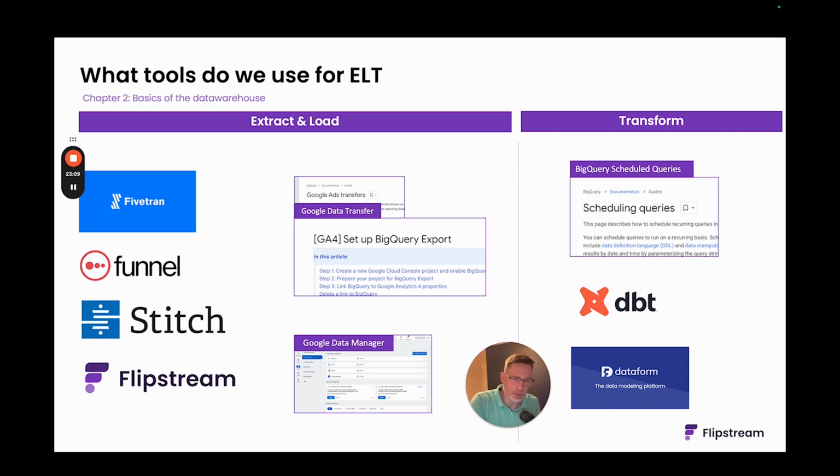Then you should probably be looking into taking it out of scheduled queries and going into a DBT solution or a Dataform solution, where DBT is data warehouse agnostic, and Dataform is actually bought by Google, so it's focused on BigQuery. They both do the same, but they have different interfaces, and they help you to manage more complex SQL and schedule it.